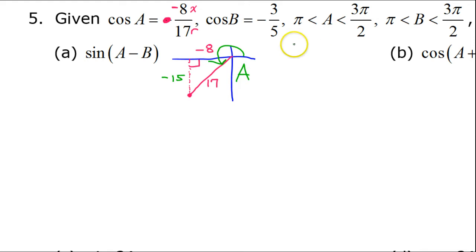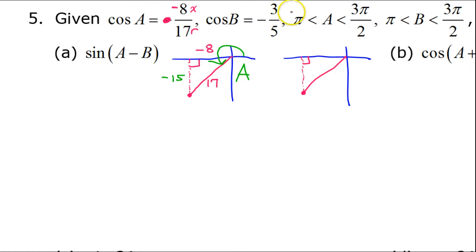Now let's make a similar diagram for angle B, which is also in the third quadrant. So we will just make another diagram that looks almost the same. Okay, so for angle B, we're given cosine.